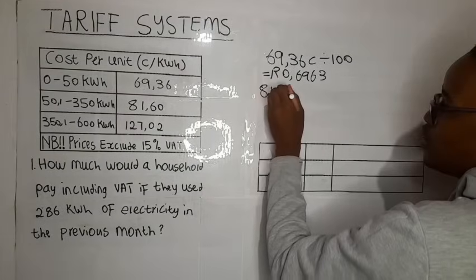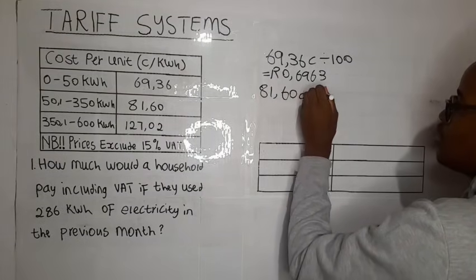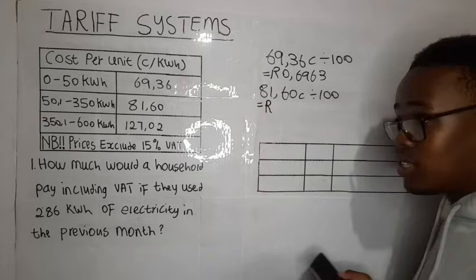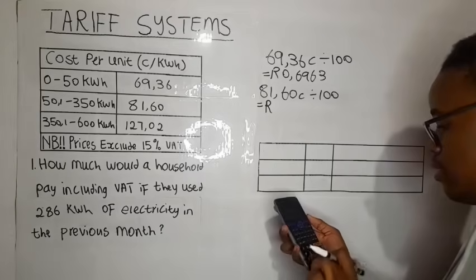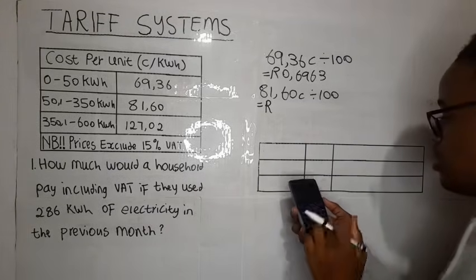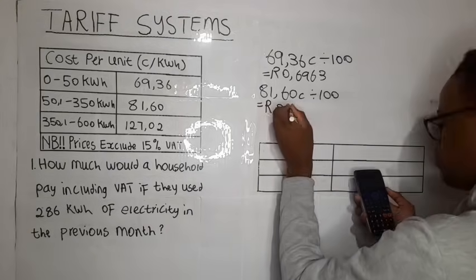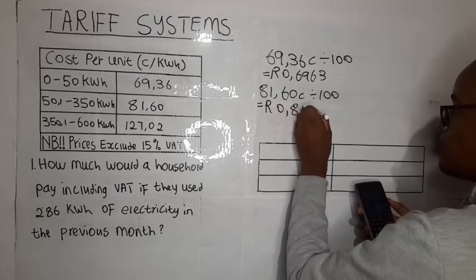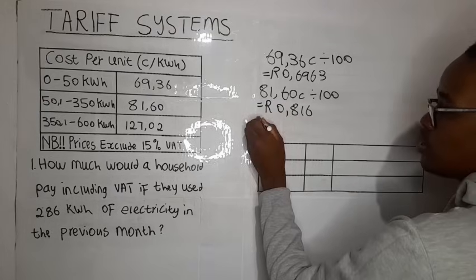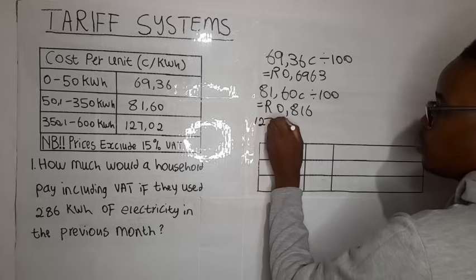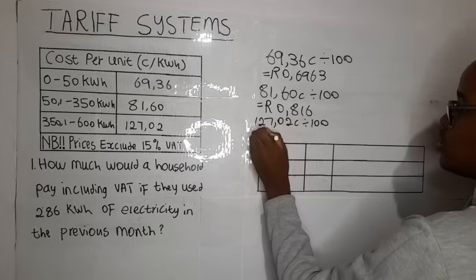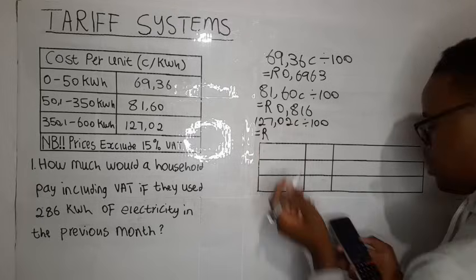It's 81.60 cents divided by 100. The answer will be in rands. It gives us 0.816. Then we do the last one, which is 127.02 divided by 100.